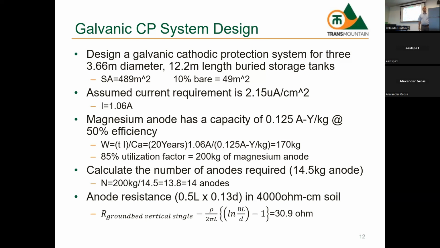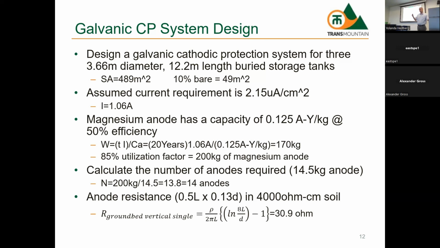So if the soil resistance is higher, do we need more anode or less? Because it also affects the corrosivity of the... Correct. So the environment is more corrosive, so you need more cathodic protection current.